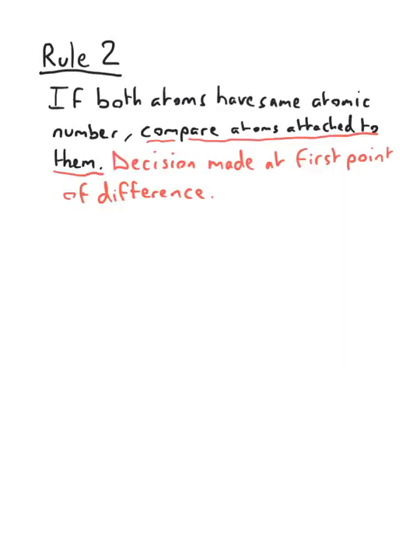Rule number 2 states that if both atoms have the same atomic number, you have to compare the atoms attached to these atoms. The decision is made at the first point of difference. So for example, in this structure, we'll notice that on both sides of the alkenes, we only have carbons bonded to the stereocenter. So we need to move further away, so the next atom along, and compare those.